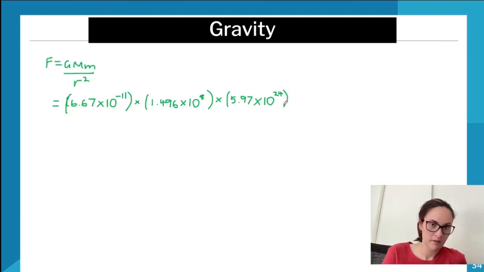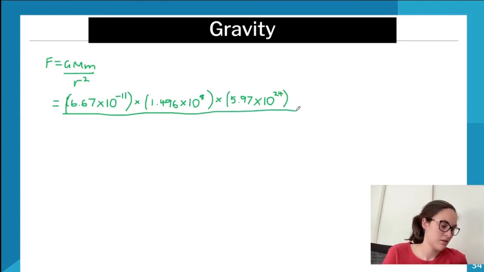Okay. Now, all that's going to be divided by, it's going to be a long division symbol, our radial distance. And we also need to convert this into meters as well, all of this.